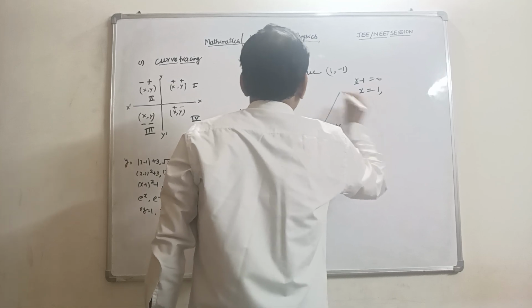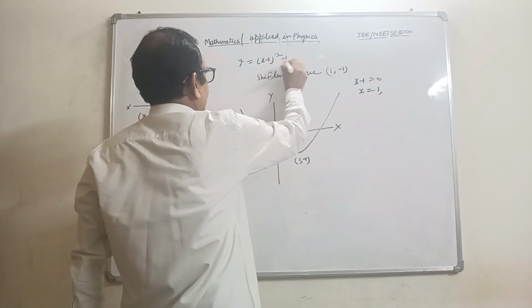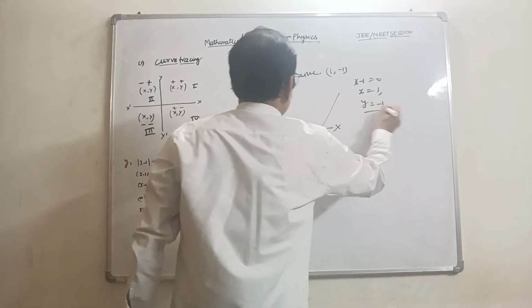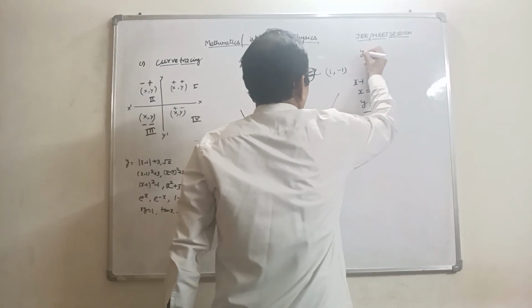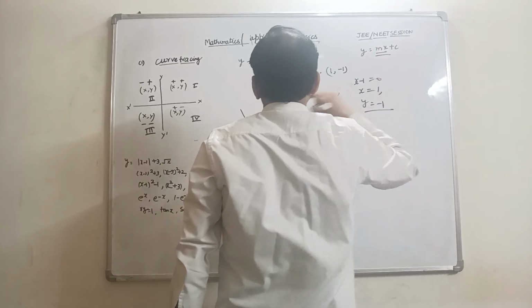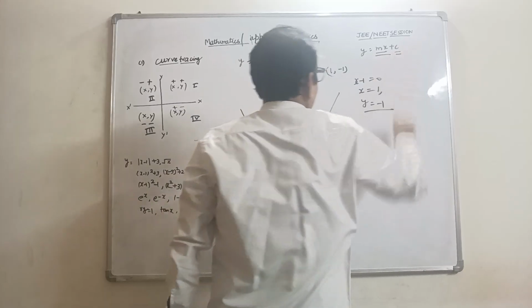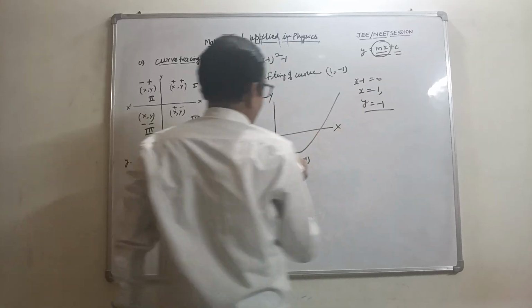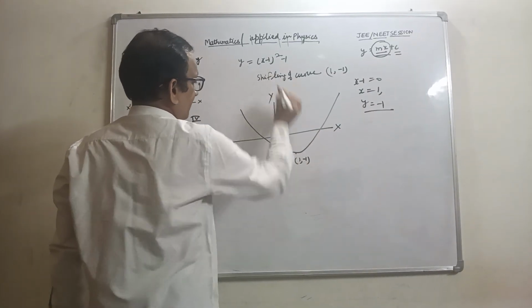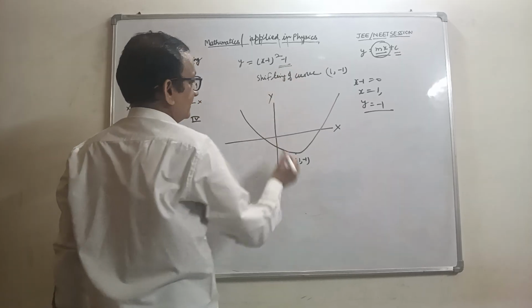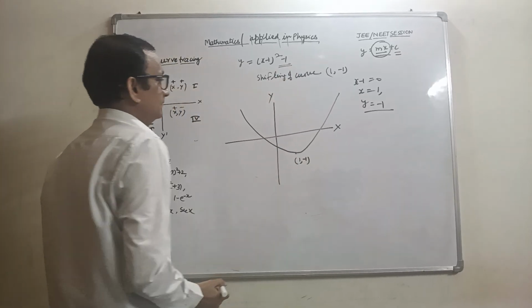The line equation is y is equal to mx plus c. This graph is a parabola, so with the shifting x minus 1, this coordinate becomes 1 and minus 1, and this is the intercept, minus 1.